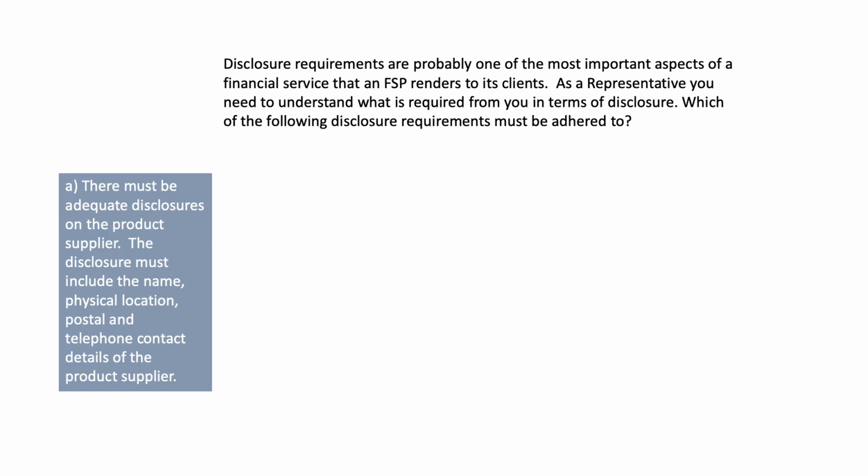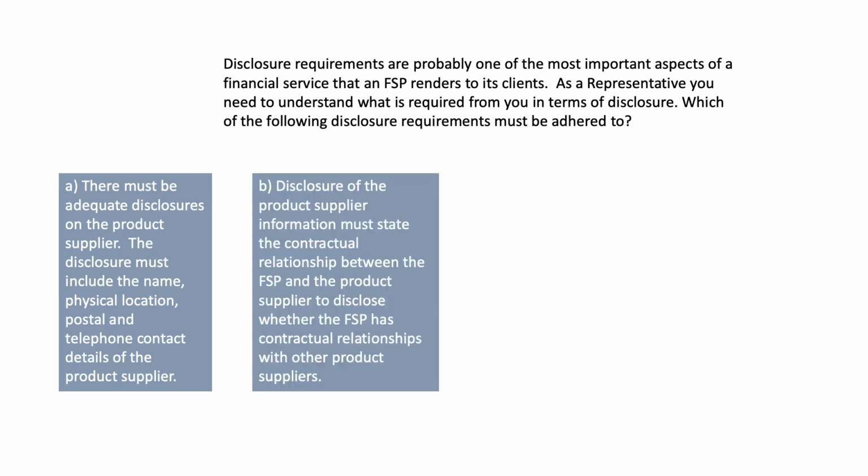The disclosure must include the name, physical location, postal, and telephone contact details of the product supplier. B. Disclosure of the product supply information must state the contractual relationship between the FSP and the product supplier to disclose whether the FSP has contractual relationships with other product suppliers.